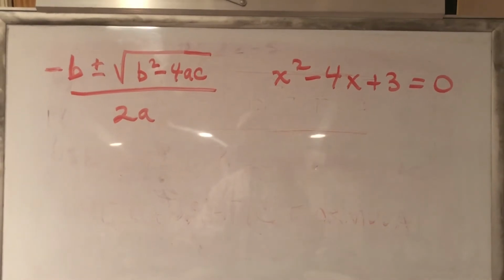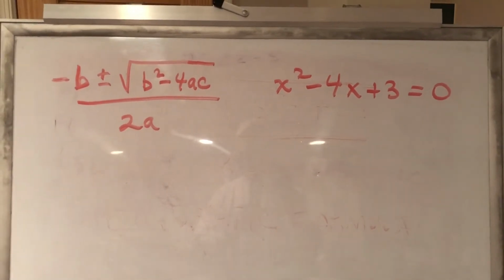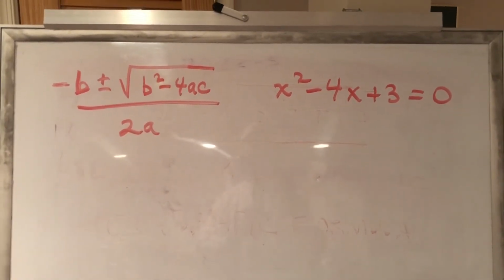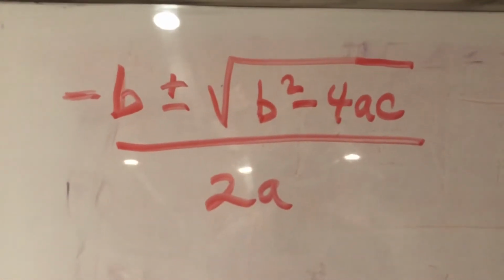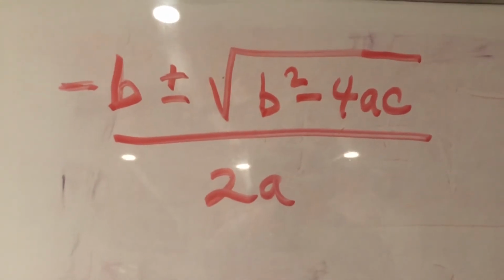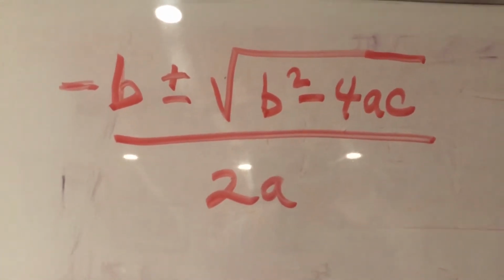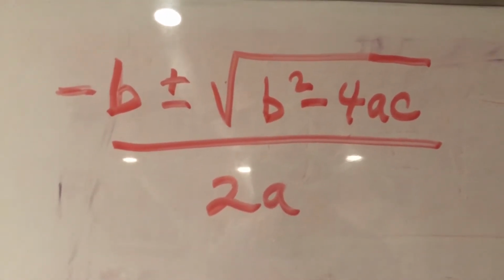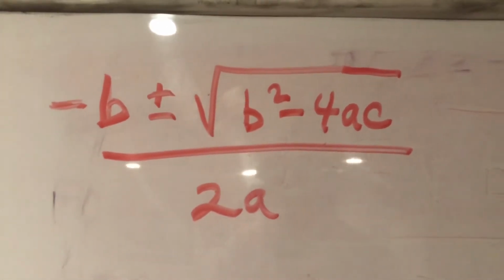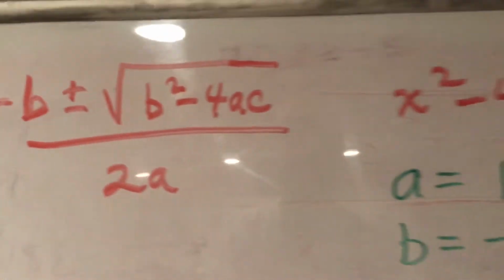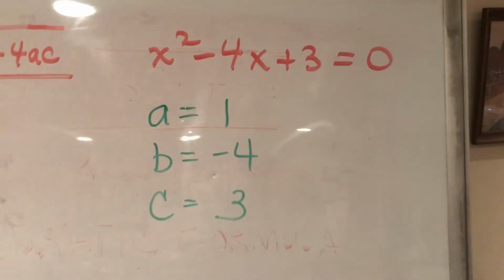First we're going to align the equation on the right and set it up in A, B, and C form. As you can see from the quadratic formula I have written up here, we need to figure out what the A, B, and C are that pertain to this trinomial.